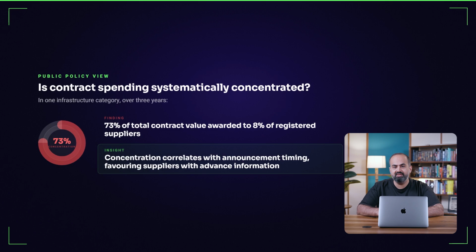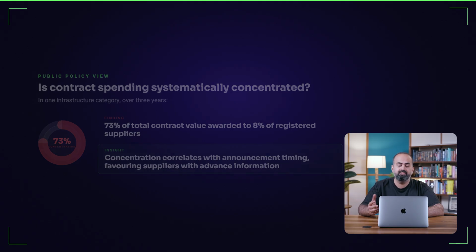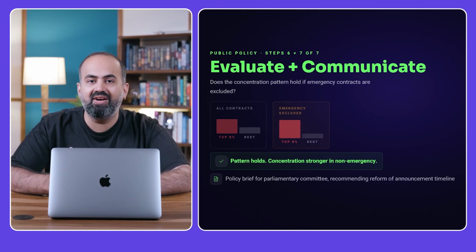Her analysis, in one infrastructure category, 73% of the total contract value was awarded to 8% of registered suppliers over 3 years. Her insight, concentration correlates with the timing of contract announcements, which favors suppliers with advanced information. Step 6, evaluate. She tests the finding.